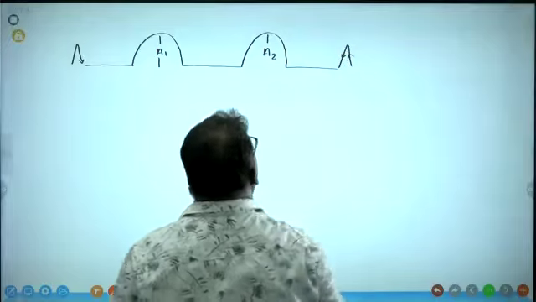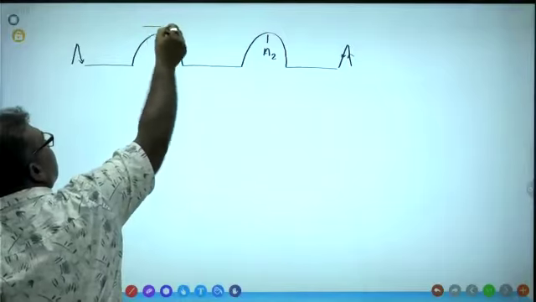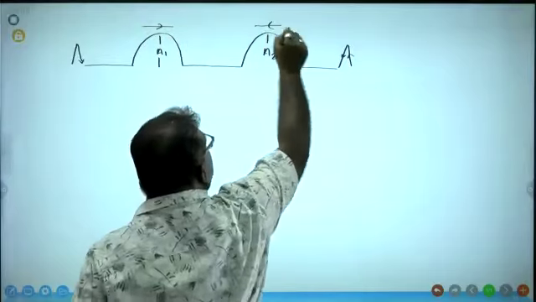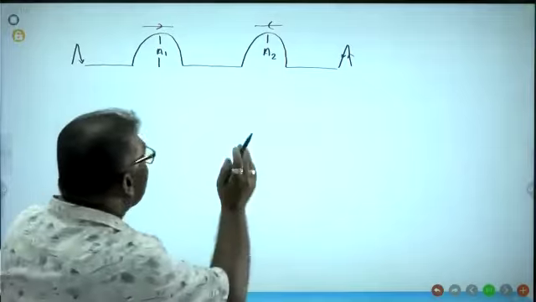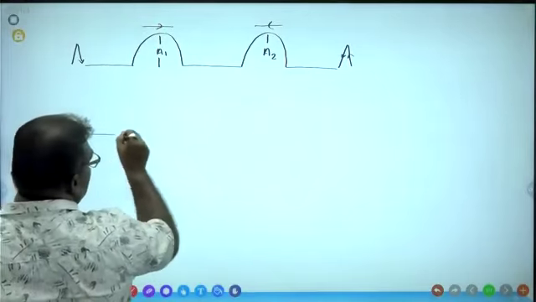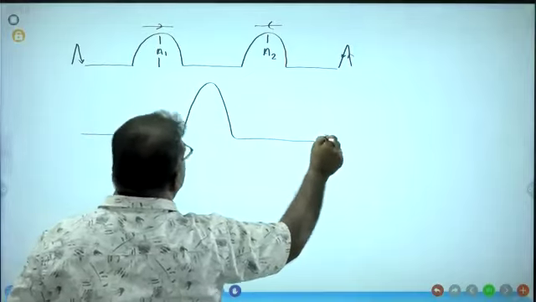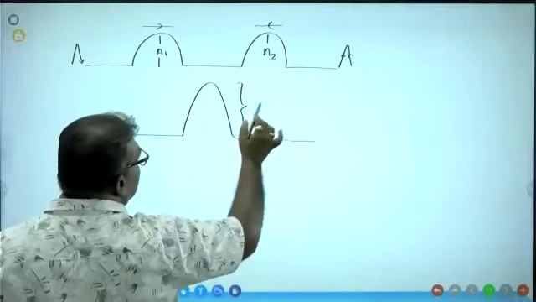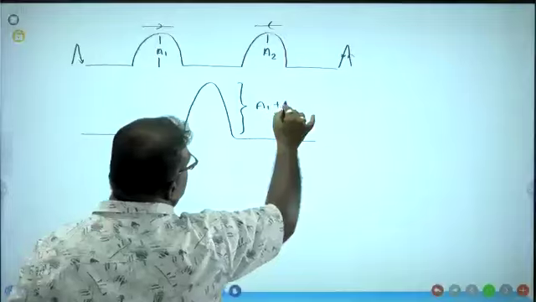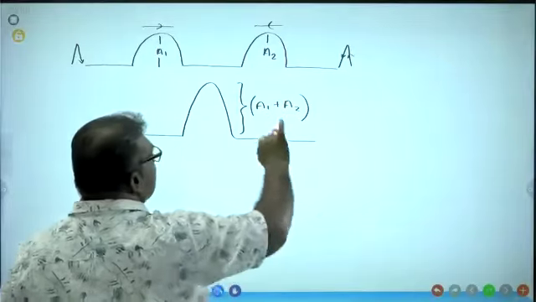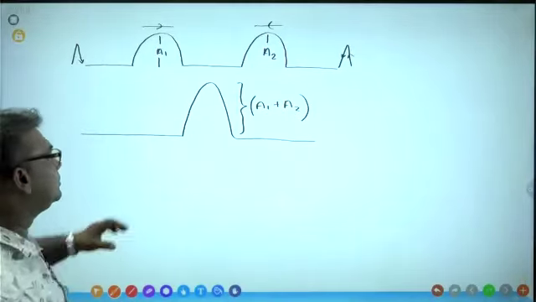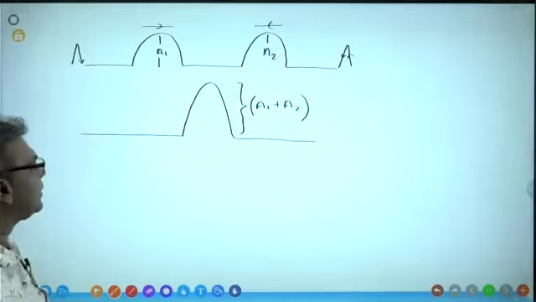This one is traveling towards the right side, this one traveling towards the left side. Clear? When they meet at a point, the amplitude increases, and it becomes A1 plus A2. That is called constructive interference.